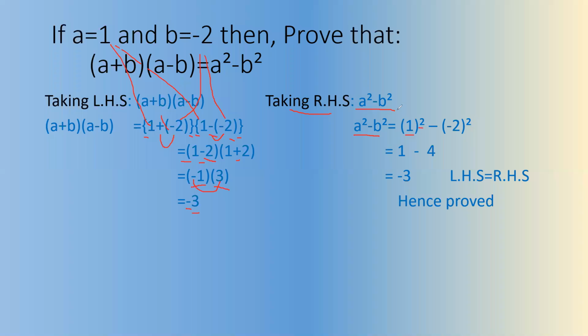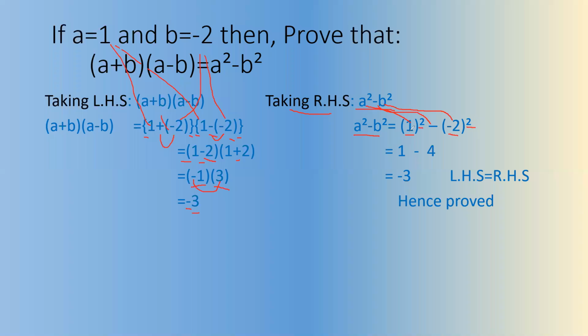A is equal to 1, whole square. So write down a within the small bracket and then square is on that. Now copy down the minus sign from the question here, and b. What is the value of b? Minus 2. Put it in the small bracket because there is a square on the whole term.